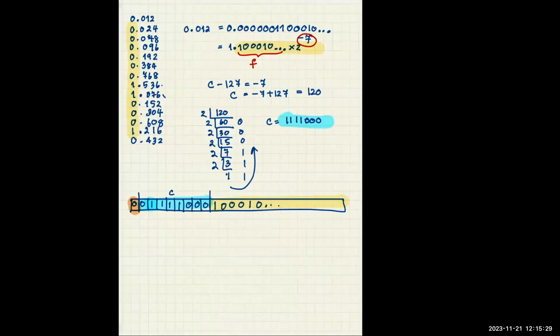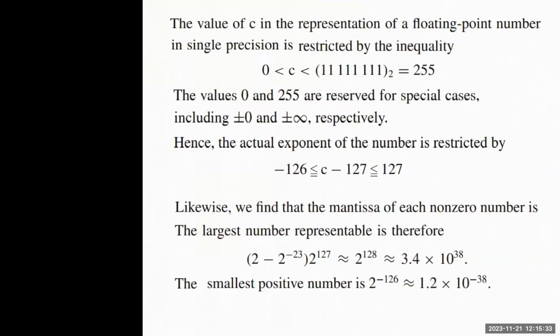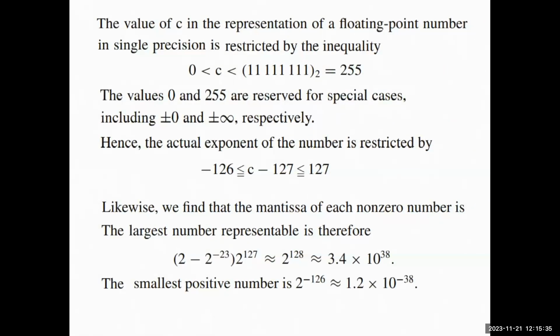And you see that this is just simple things that I will point out: you will normally restrict 0, and 255 is reserved for the special case. If you put everything 0, it means 0.